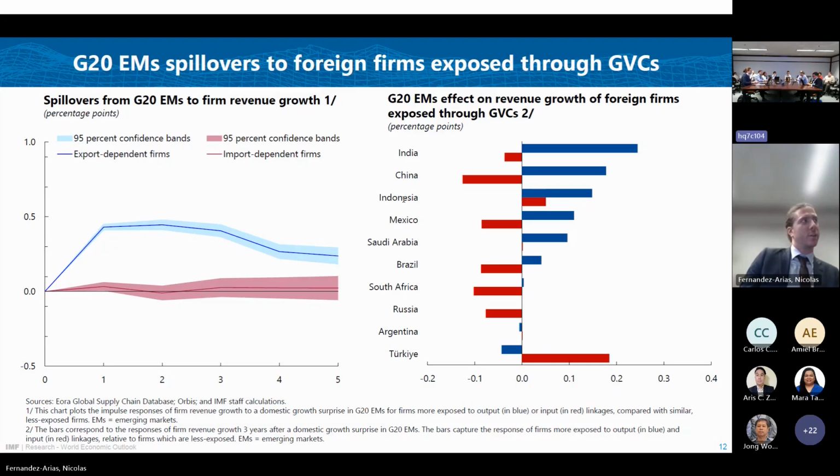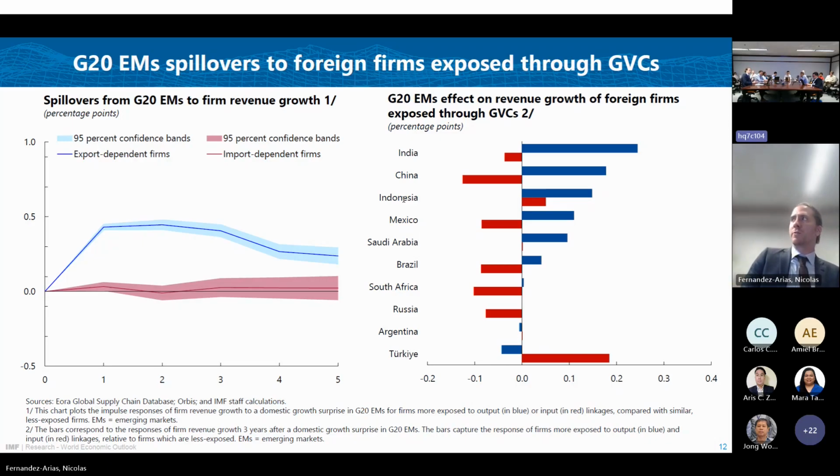So 1 percentage point higher growth in G20 emerging markets leads to 0.5 percentage point higher revenue in these firms, and this continues for the medium term. It declines to about half of that boost in the medium term, which is still quite large. So this is quite a boost to these export-dependent firms.